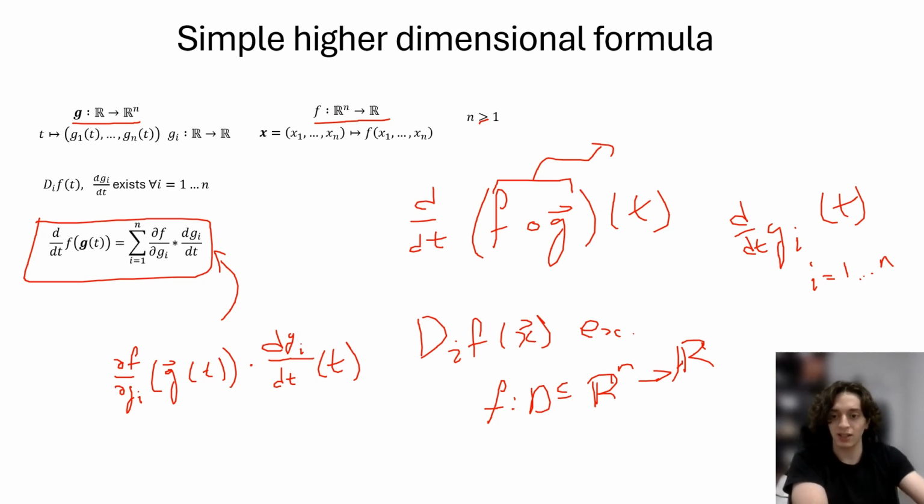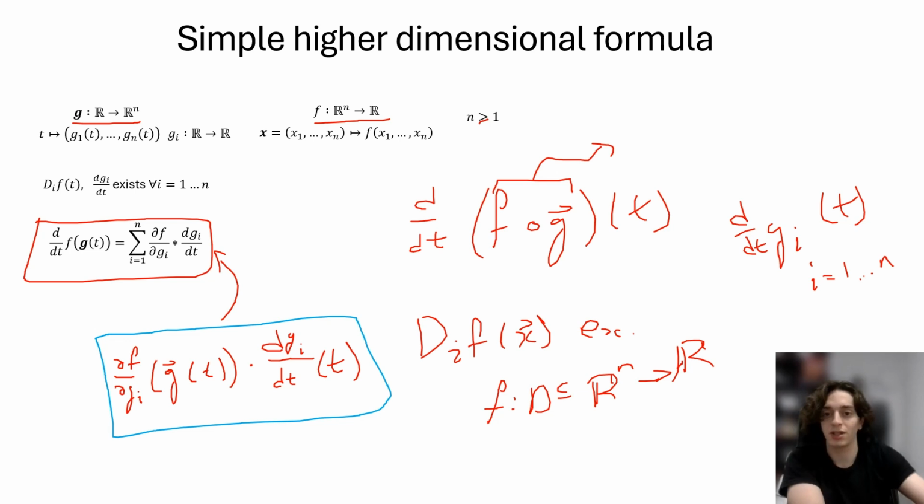And the reason I say it collapses is because when n equals 1, what do we get? We get that the only partial derivative of f is the partial derivative with respect to the first and only component. So we get the derivative of f with respect to g1, or since there's only one, I'll just refer to it as g. And since this is a partial derivative of a scalar input, scalar output function, it is exactly equal to just the regular derivative. So let me use that instead.